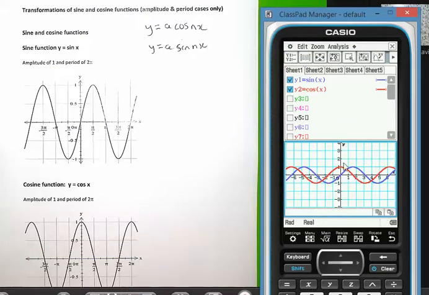The cos of 0 is 1, sine of 0 is 0, and as we go through, sine of 90 is 1, but cos of 90 is 0. Cos of 180 is negative 1. Sine of 180 is 0.